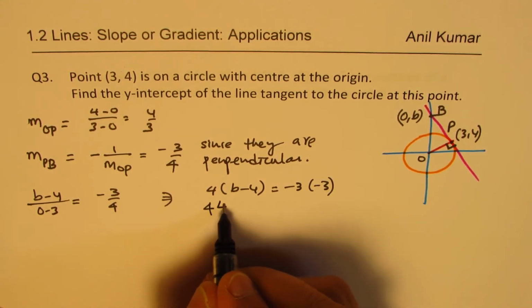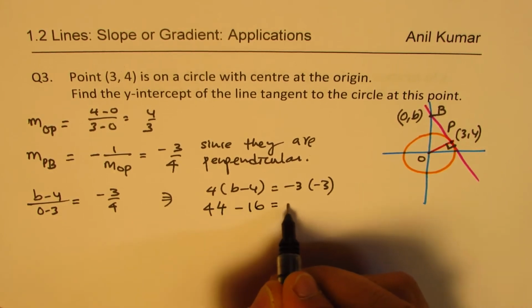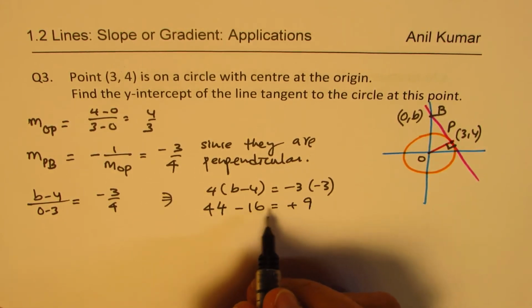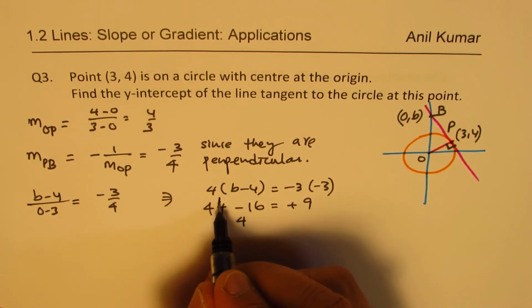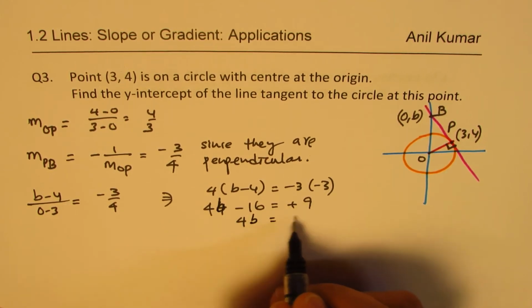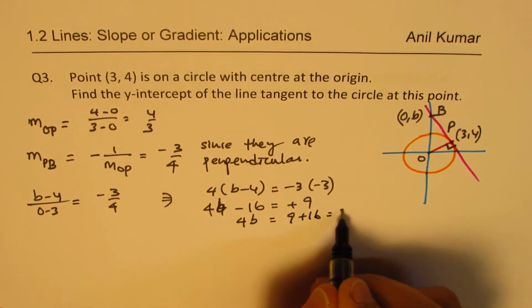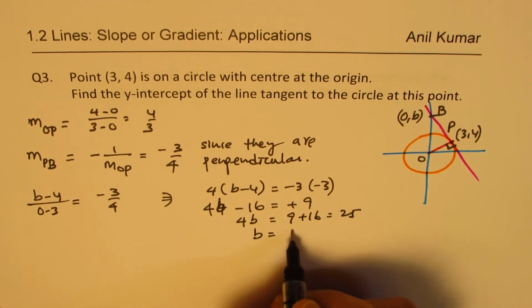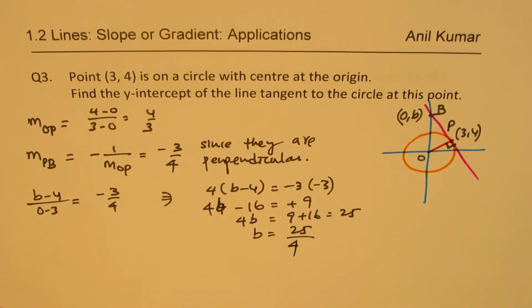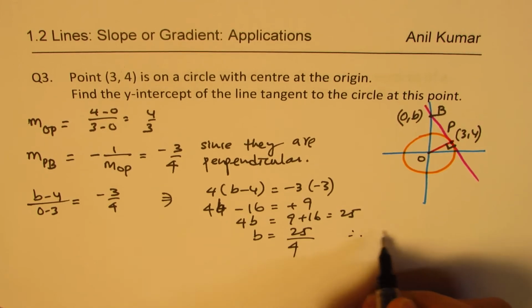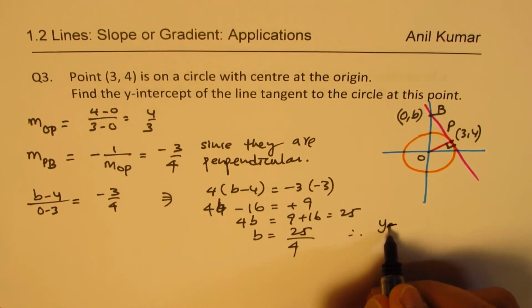So 4b minus 16 equals plus 9. So 4b equals 9 plus 16, which is 25. So b should be 25 divided by 4. So therefore, the y-intercept is what?